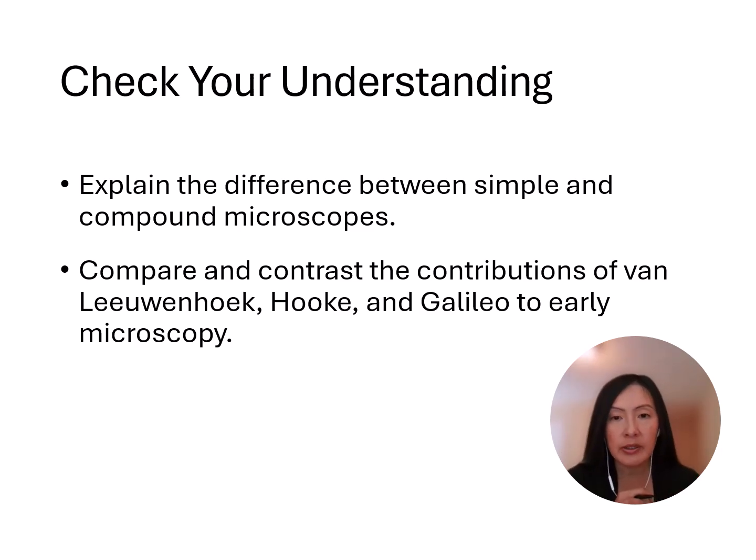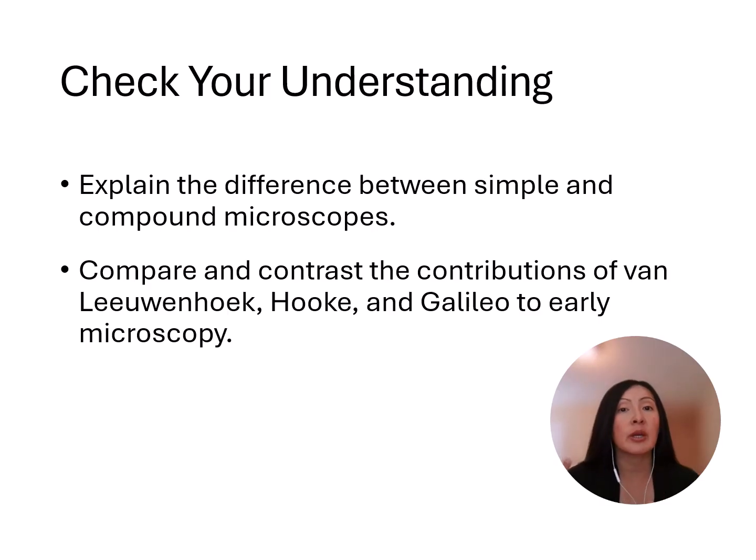If I compare and contrast the contributions of these different individuals, Van Leeuwenhoek, remember he developed that first simple microscope. He had advanced lens making techniques. He was the first to see those single-celled organisms, microorganisms. He sent his observations to the Royal Society of London, which really gave him that scientific recognition. Robert Hooke, he used compound microscopes to look at natural specimens.